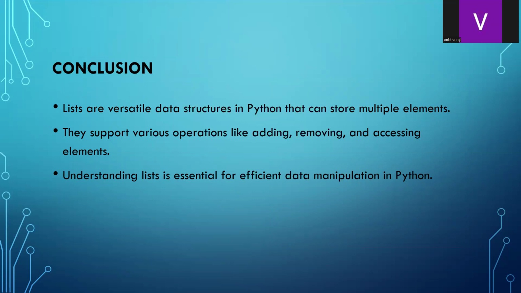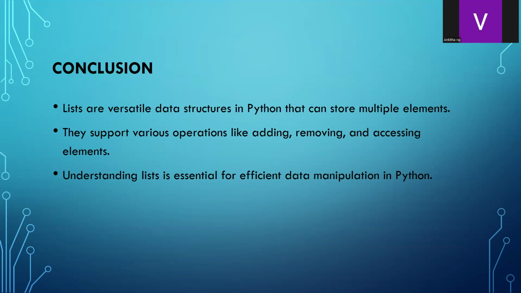Coming to conclusion: every sequence in Python has an ordered index set represented by non-negative numbers. Indexing allows lists to be iterable, meaning that you can access each element in the list in the order in which it appears in the list object.